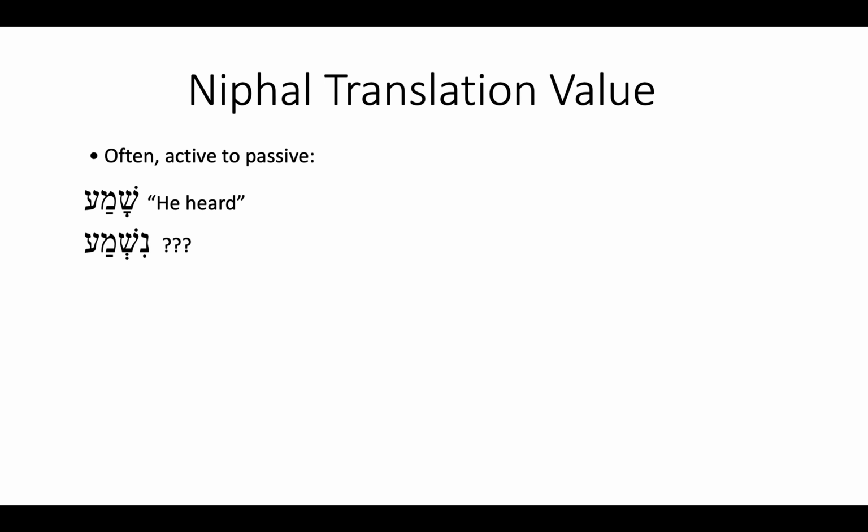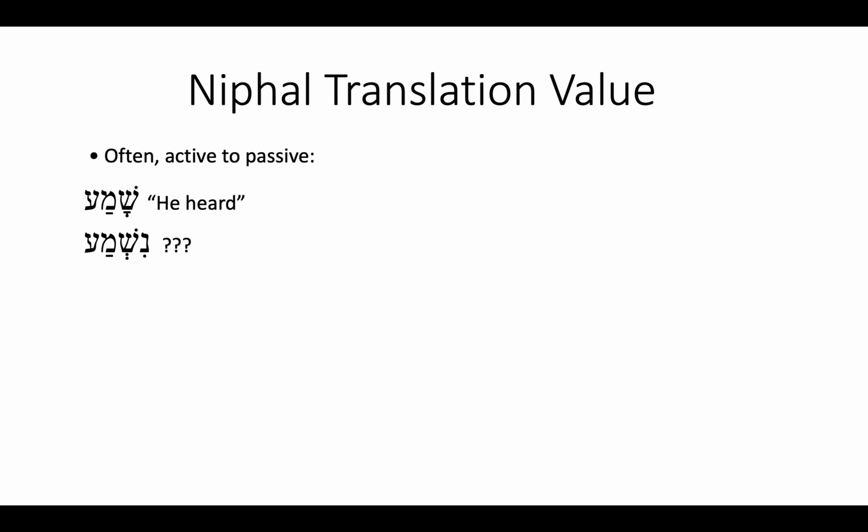So the Niphal translation value often takes a verbal root and makes it passive. Sometimes it's harder to think about what it means for a verbal action to be passive than it is to actually translate the form. So on the top form, we have a Qal, he heard. How does that translate to passive? Nishma, the Niphal form.